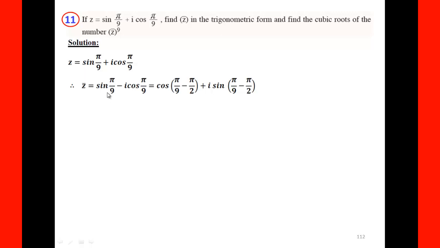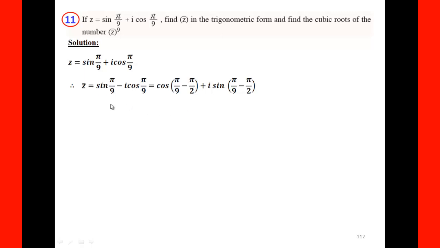To convert from sine to cosine, you add or subtract pi over 2. In this case, because z bar lies on the fourth quadrant, we subtract pi over 2.